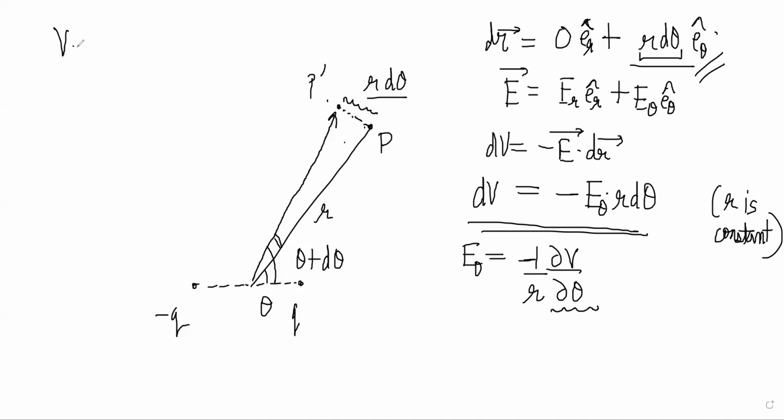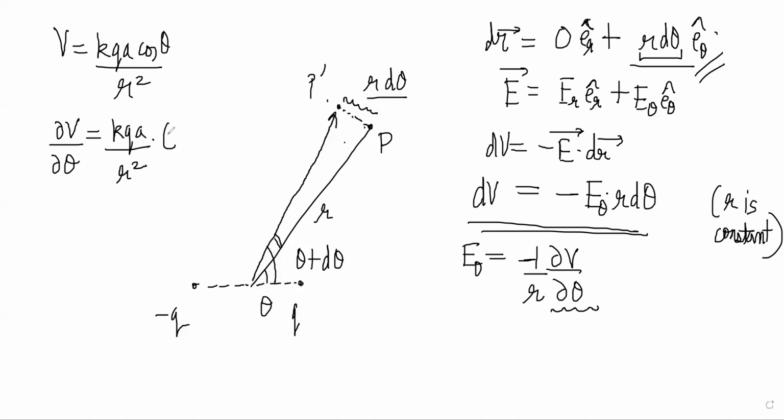And V was kqa cos theta by r square. So dou V by dou theta would be kqa by r square is constant, and the derivative of cos theta is minus sin theta, right? And when you do minus 1 by r dou V by dou theta, it becomes kqa sin theta by r cube, right? So this is the component in the theta direction.